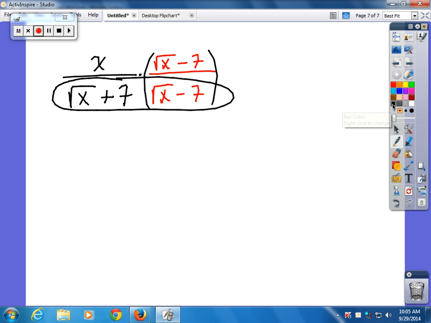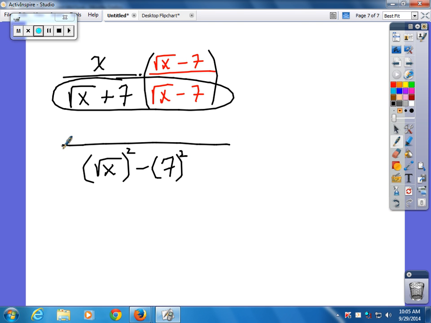So on the bottom, you would have the square root of x, quantity squared, minus 7, quantity squared. Review back to shortcut number 3. I don't need to review over that again. And that will give you up top x times the square root of x minus 7.